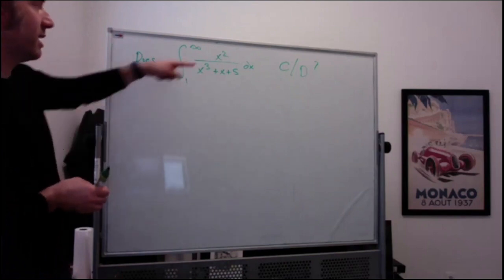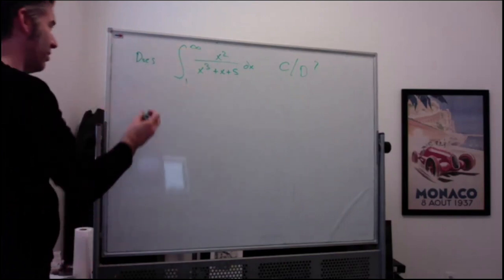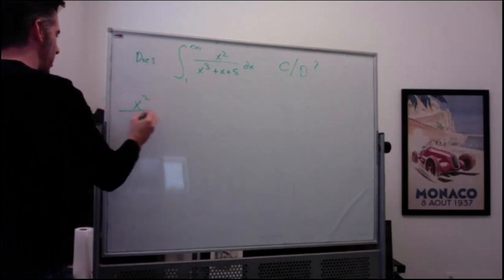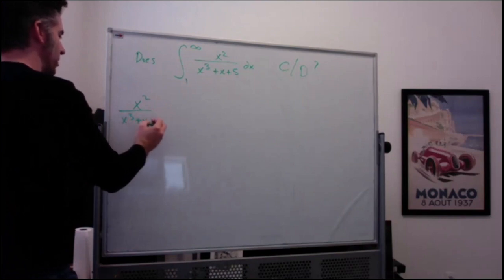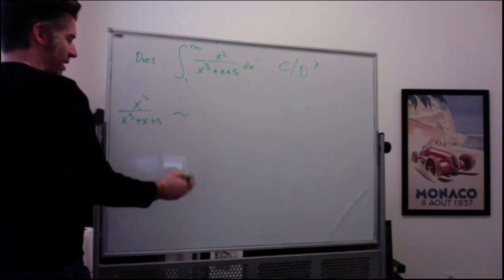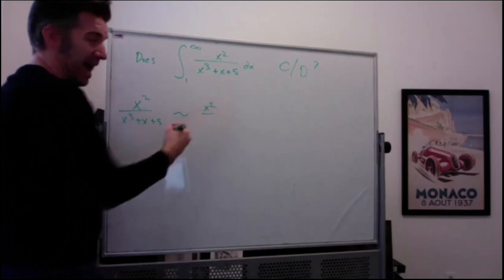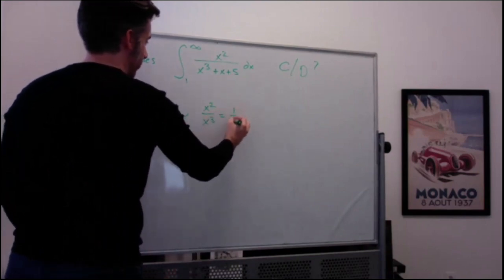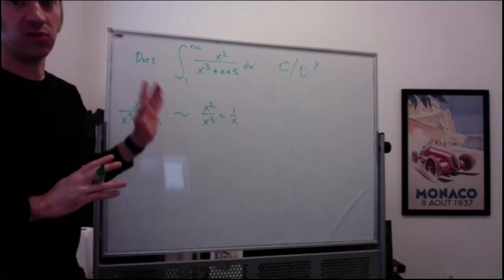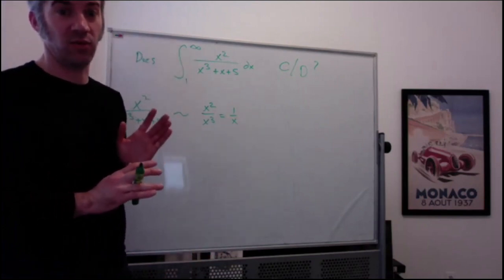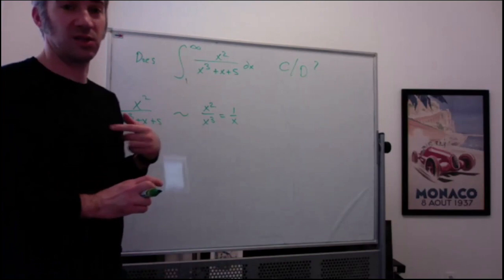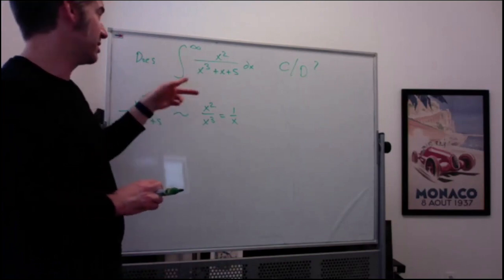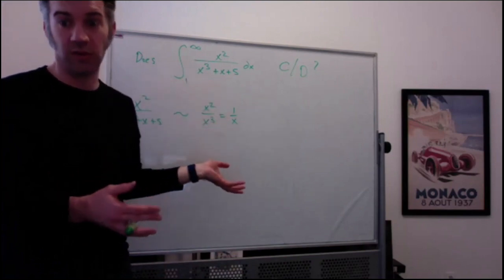So I see an x squared over x cubed. This x squared over x cubed plus x plus 5 acts a lot like x squared over x cubed, which is 1 over x. So I'm pretty sure, just by doing that amount of work, this thing's going to diverge because it's an integral of something that's essentially 1 over x.